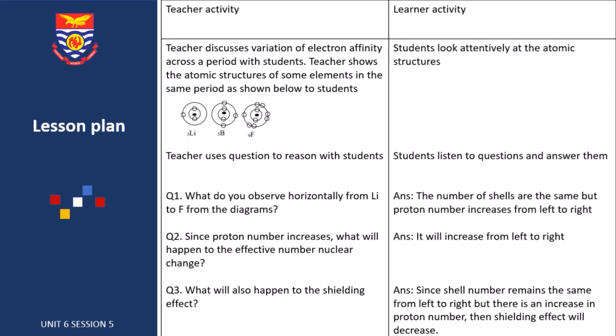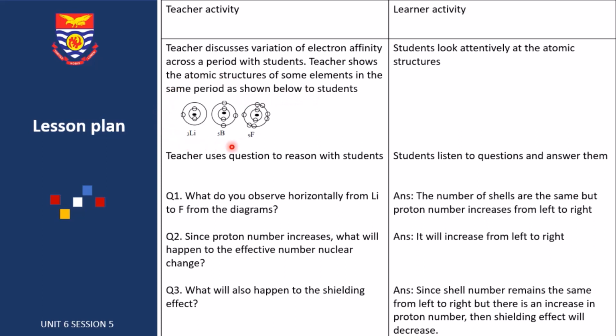Alright, so you close it. Next activity is teacher discusses variation of electron affinity across a period with students. Teacher shows the atomic structures of some elements in the same period as shown below to students.